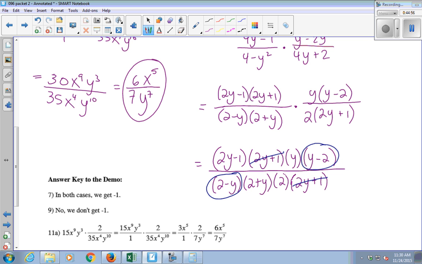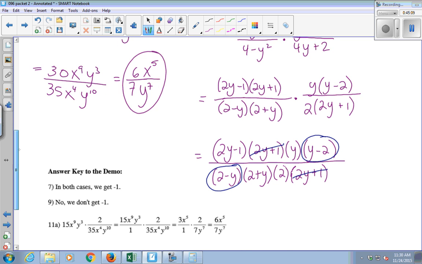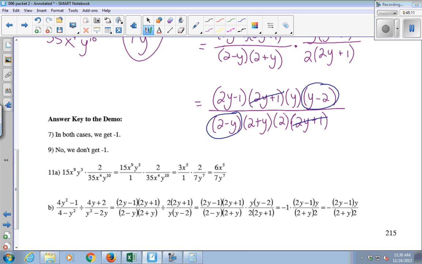Okay. Now, I can put the negative in just one spot: on the top, on the bottom, or out front. I'm going to put it out front. I think that's the least likely way to make a mistake. All right, then nothing else is exactly the same or opposite subtractions, right? So I'm going to put a negative out front to account for the y minus 2 and 2 minus y.